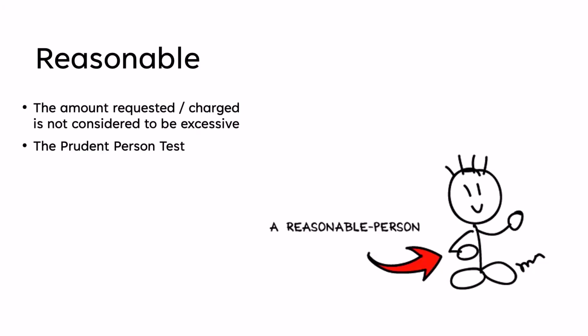Reasonable. This is something that's more straightforward than the others: allowability, allocability, and consistency. This is pretty much referring to common sense. When you're considering a charge or an expense, when you're creating your budget for your project, think about the cost of this expense. Is it something that I would pay for? If someone were to come to your house and make a repair, say, on a wall or some kind of thing that needs repairing in your home, and they say, okay, here's the quote, it's going to cost $1 million.